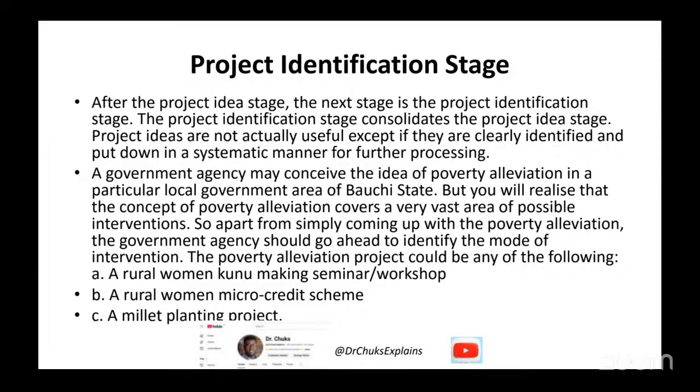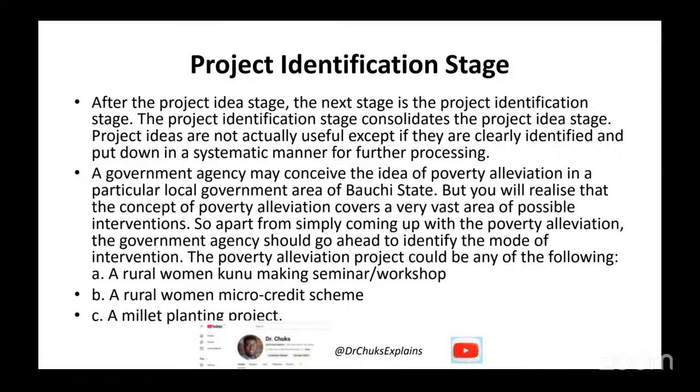It could also be a millet planting project. When executed, the rural populace or the rural women or the rural dwellers can plant millet and reap the harvest, and then poverty is alleviated. It could even be a microfinance scheme that gives loans, facilities to people at a cheap rate or without collateral, and so on and so forth.